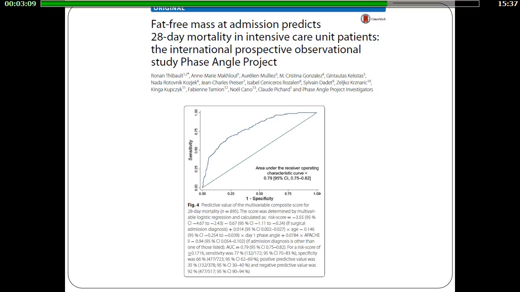It takes about 2 minutes to get a value in a patient. And we showed in this large trial of about 900 patients in Europe and South America that there was a good predictive value of this phase angle, a reflection of the fat-free mass, on the 28-day mortality.